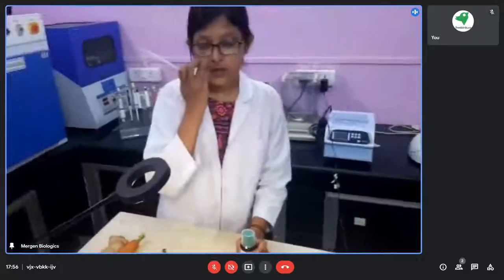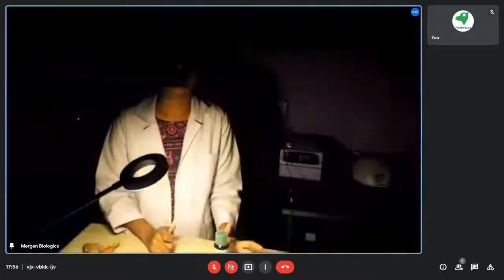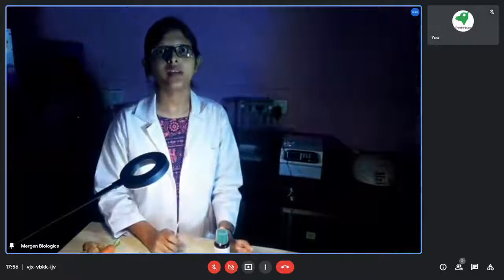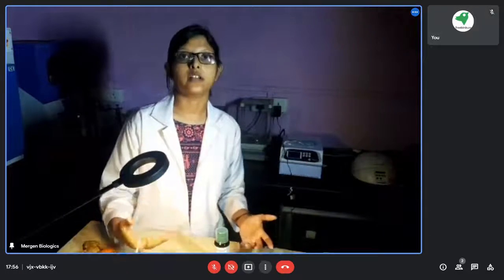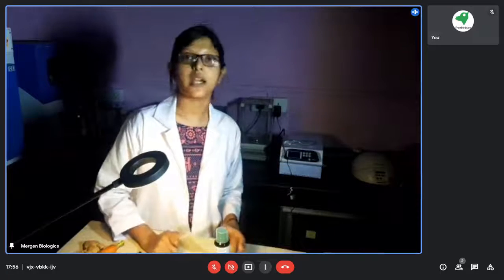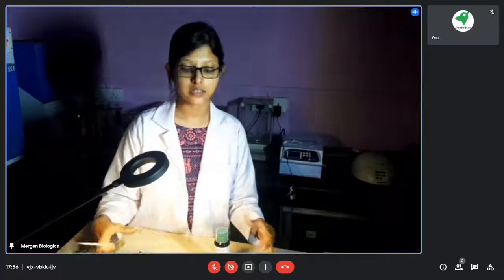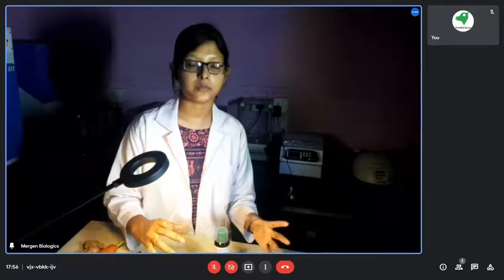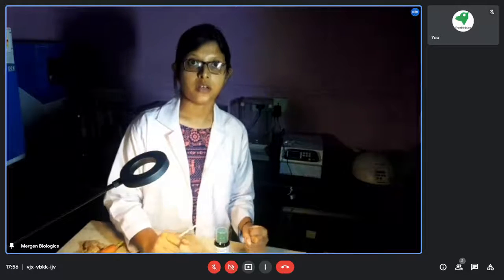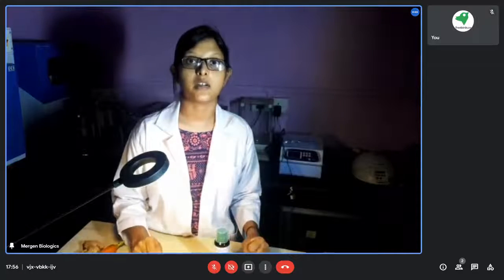Now you may ask why we are not using the very commonly available iodine, that is the iodine in our regular use salt. The reason is that for this experiment to take place, for the result to come, we need a certain amount of iodine, not very large, but not as small as what is present in our salt.